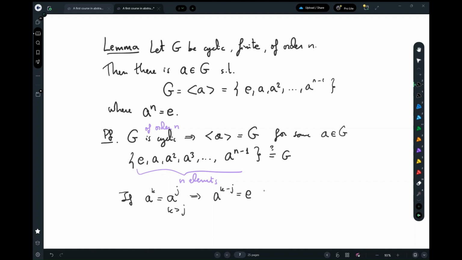And therefore, what I actually have is that if that is t, which is definitely less than n because each one of these is less than n, then G would be a, a squared, and all the way up to a to the t.